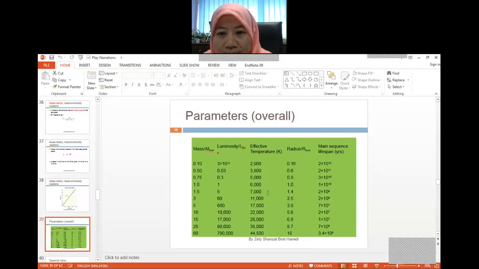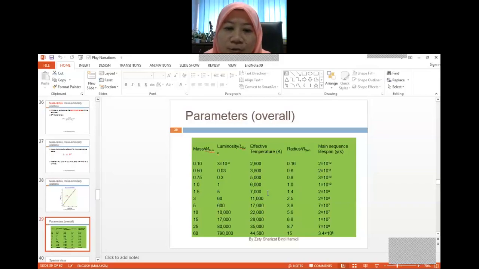So it shows the range, and we can also calculate easily the range for each category. For example, here, if the mass is about 0.1 solar masses, then the luminosity is about 3 times 10 to the power of negative 3, with the temperature 2900 Kelvin, the radius is about 0.16 radius of the Sun, and the lifespan is about 2 times 10 to the power of 12.